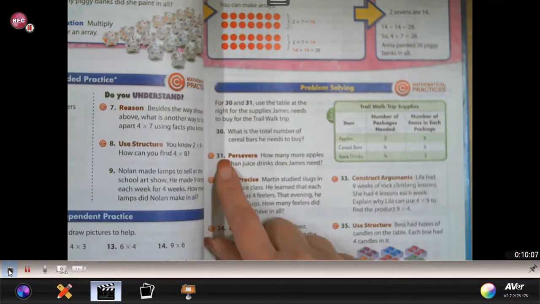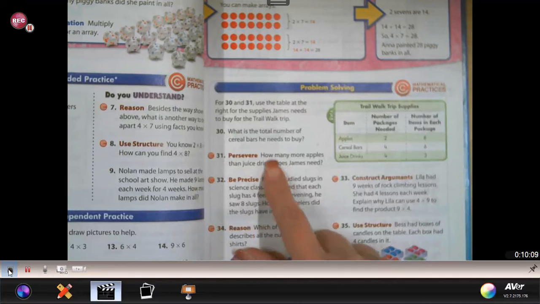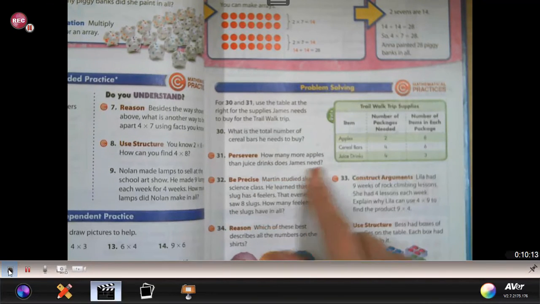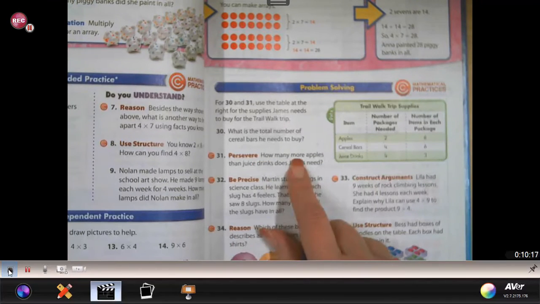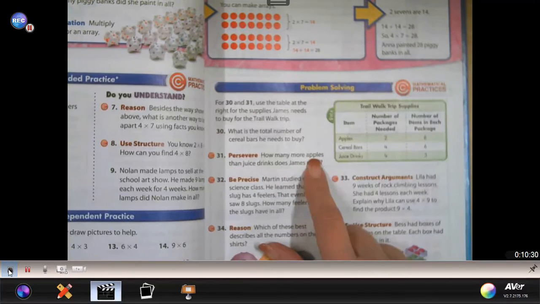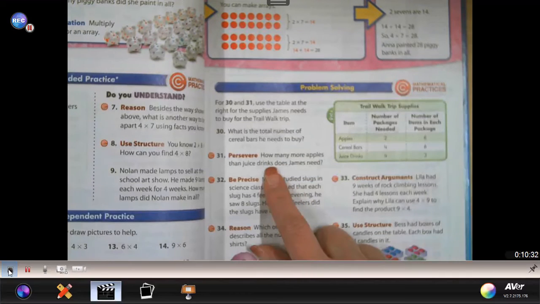The next problem is asking, how many more apples than juice drinks does James need? So remember, when you hear the words how many more and the word than in a question, you know that you are comparing the difference between one greater amount and one lesser amount. So this means we have more apples than we do juice drinks. However, we need to know the difference between them.